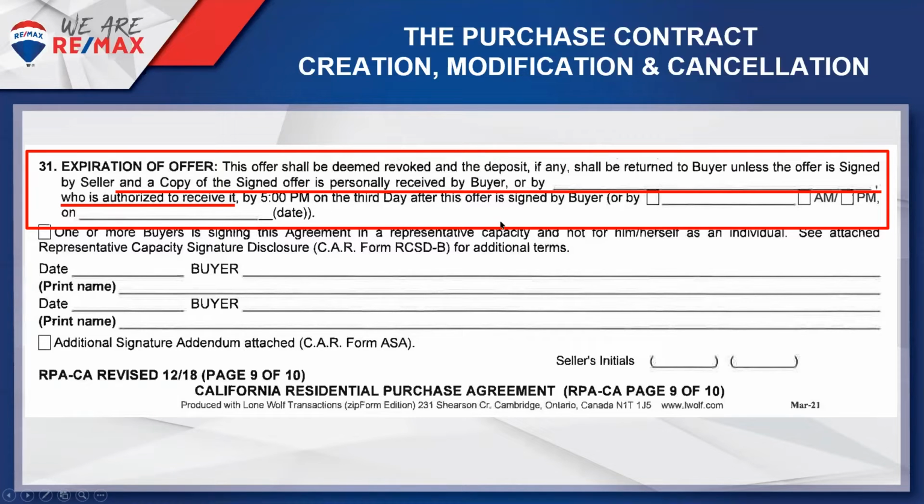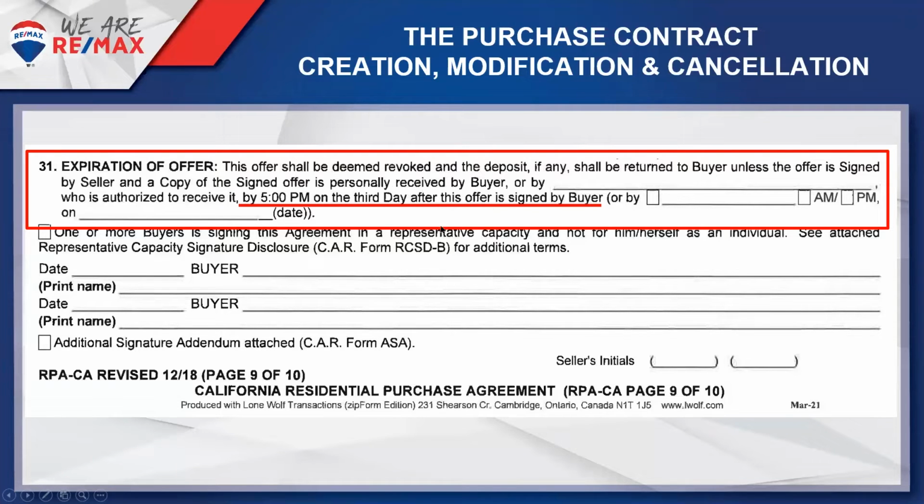Remember, I talked about that. That has to be the personal receipt of the seller's acceptance by the buyer, or by the buyer's authorized agent, and that agent's name would go in the blank there, who is authorized to receive the offer on behalf of the buyer by 5 p.m. of the third day after this offer is signed by the buyer.